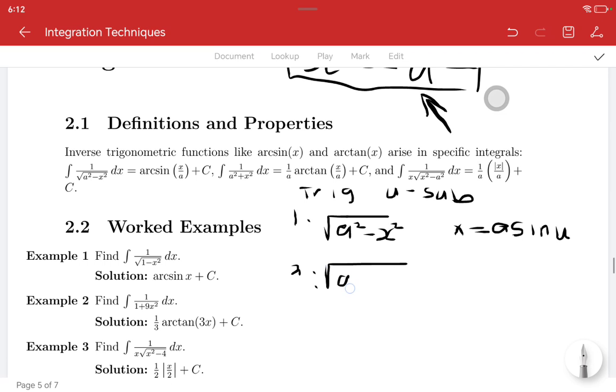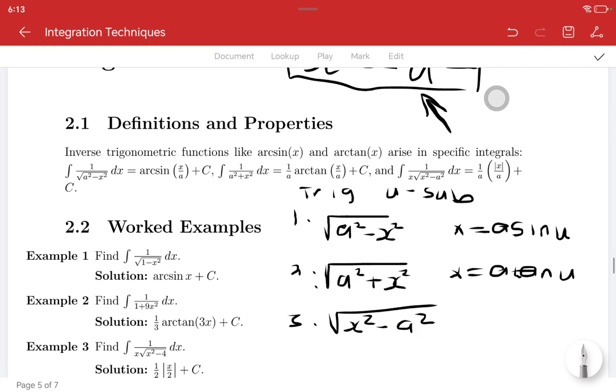When we have a squared plus x squared, we set x to be a tan u. And when we have x squared minus a squared, we set x to be a sec u.